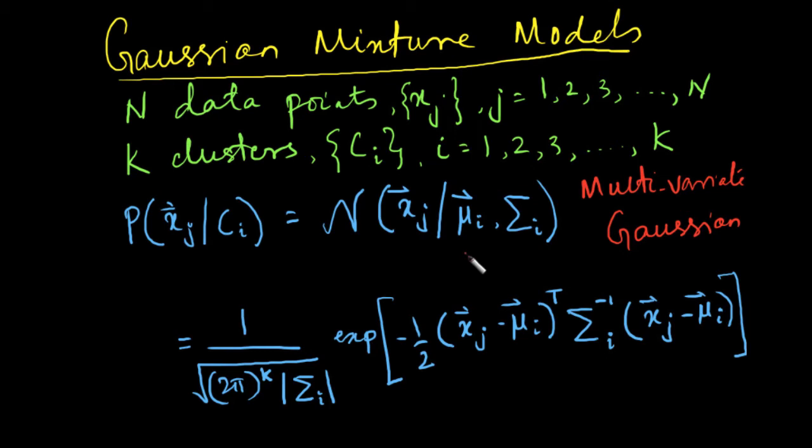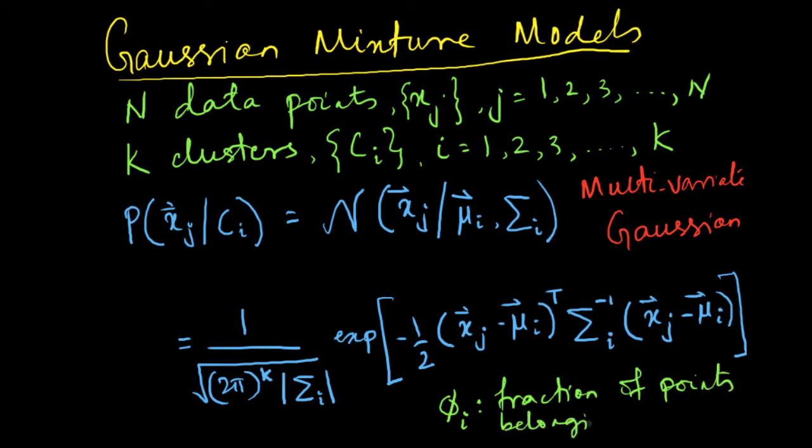So how are we going to estimate that? In order to do that estimation, we need one more variable, which is phi I, which represents the fraction of points belonging to Ci.